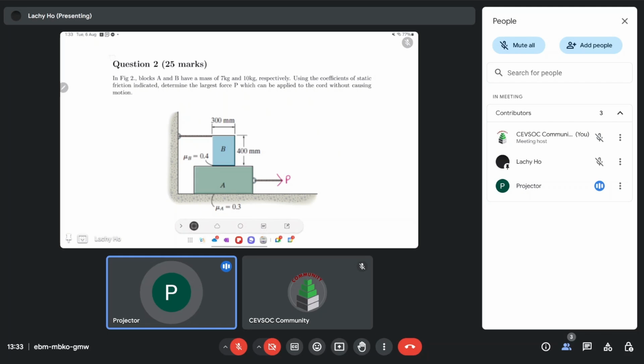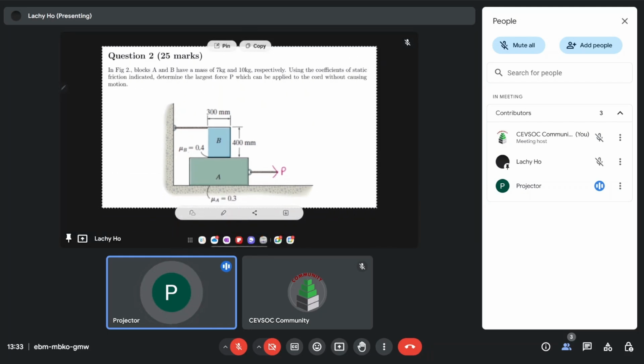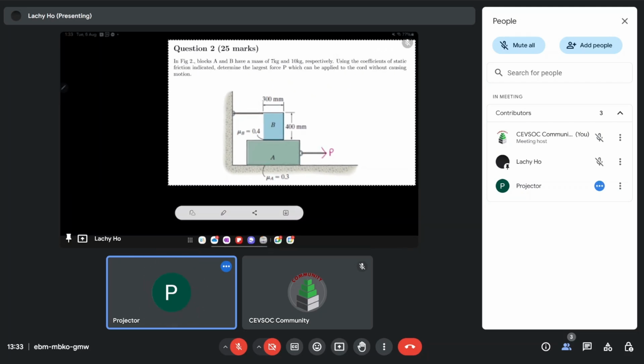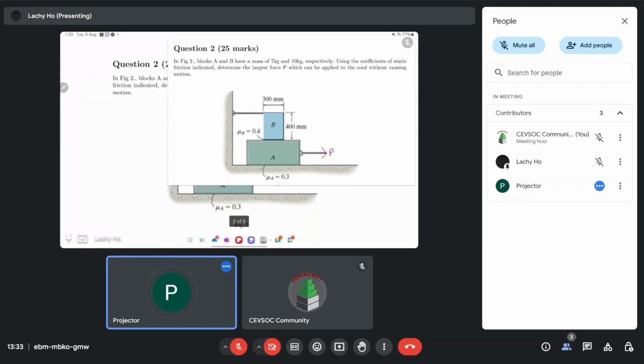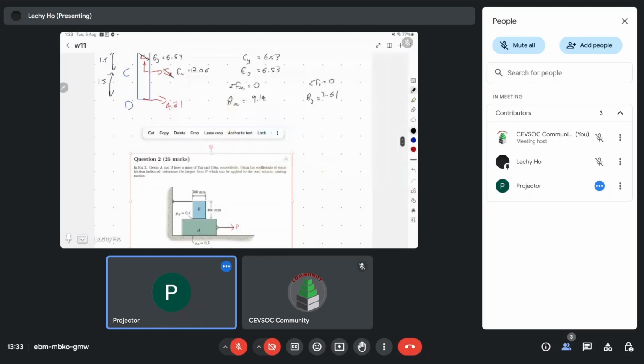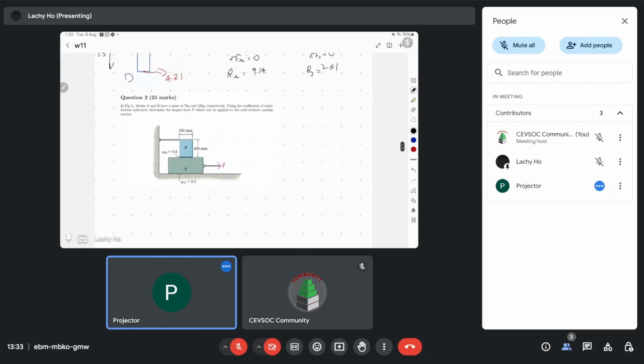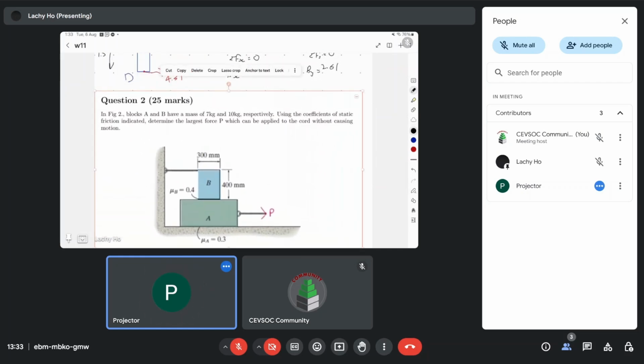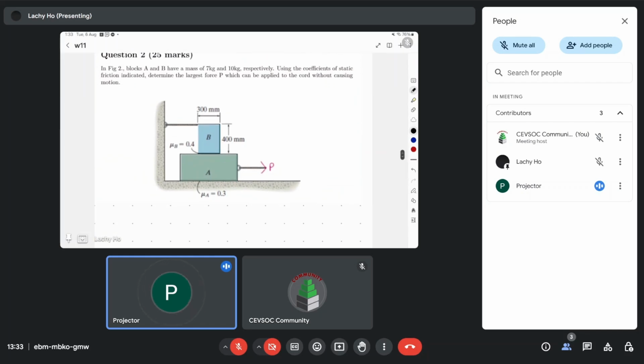So we have a block of 7 kilos and 10 kilos, and they have some sort of friction values. Okay, so in this question, there's a few things going on.